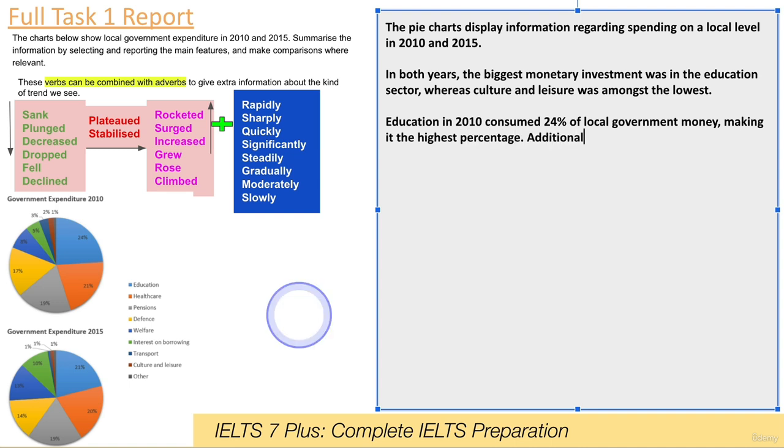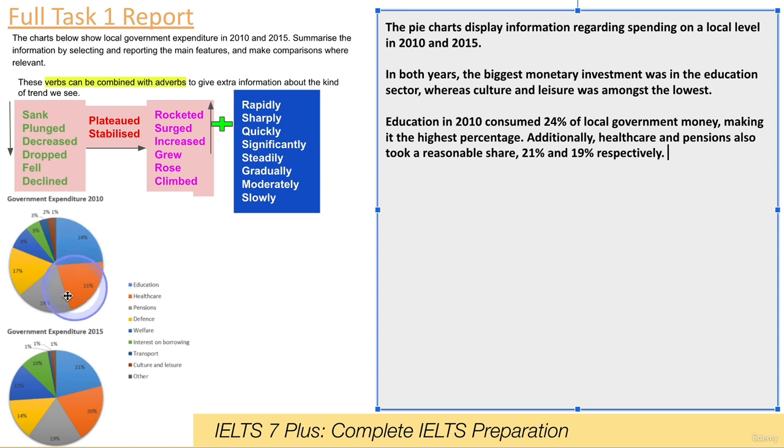Okay, additionally, healthcare and pensions also took a reasonable share, and we can talk about the percentages respectively. So we can look back. Healthcare, let's do that first. 21% and 19% respectively.